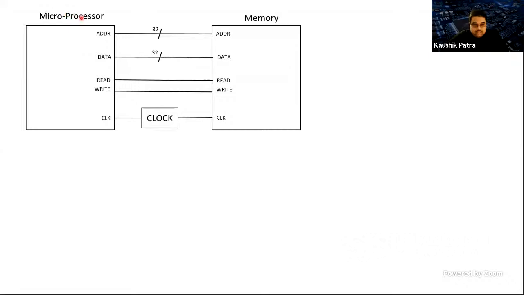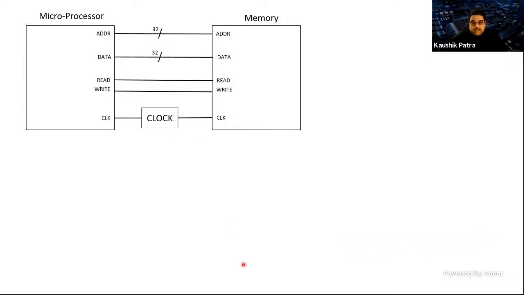I'm just replacing the MIPS with the generic term microprocessor. We place a clock system which supplies the clock signal, an ever-changing 0 and 1 within a constant time period, with constant timing. It gives that signal to both the microprocessor and the memory.